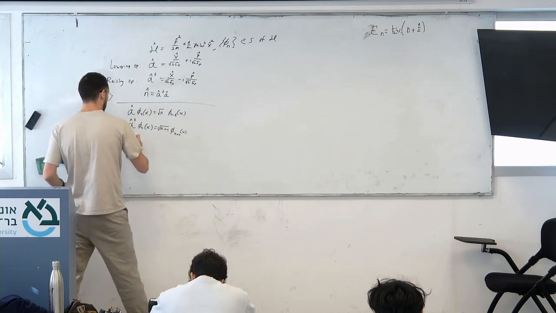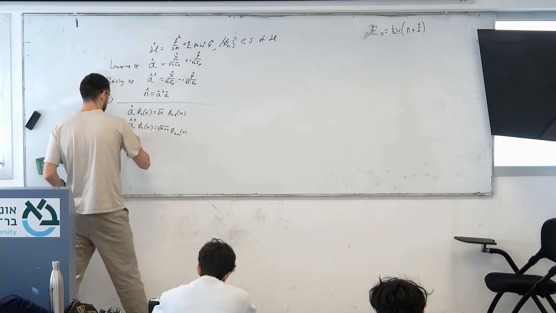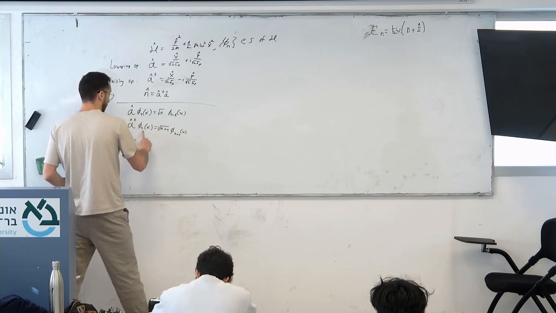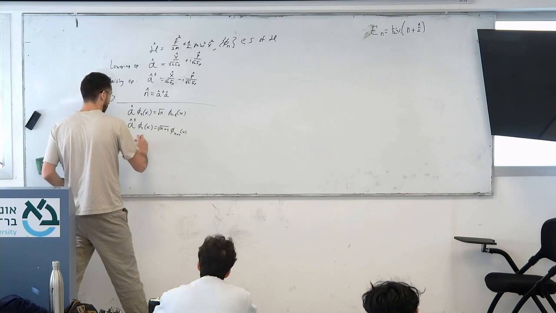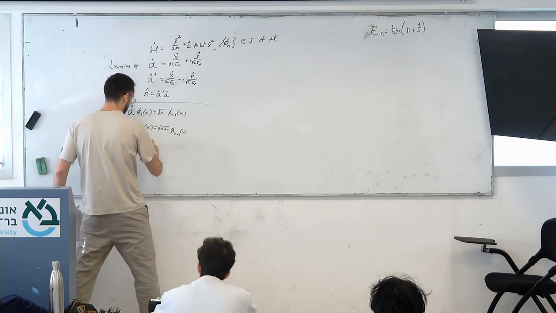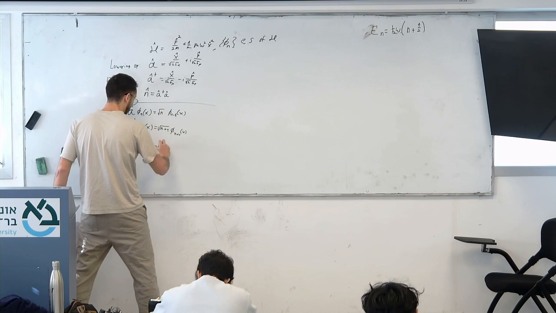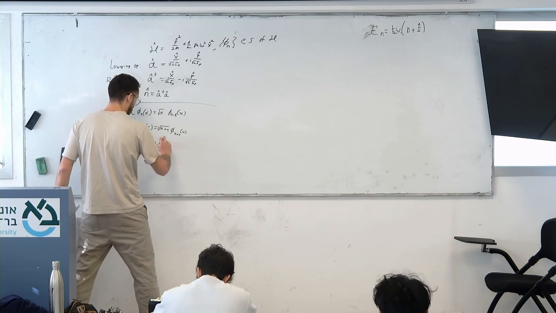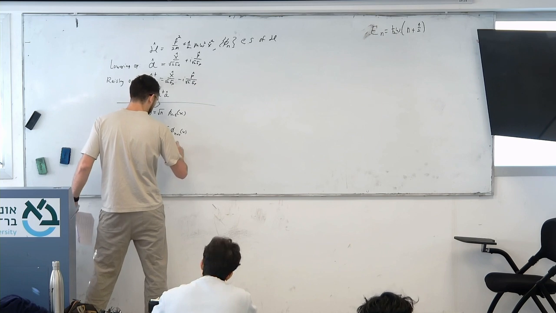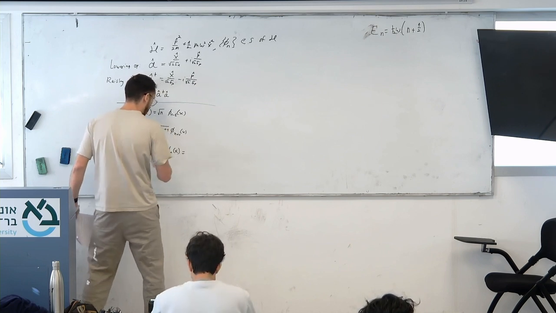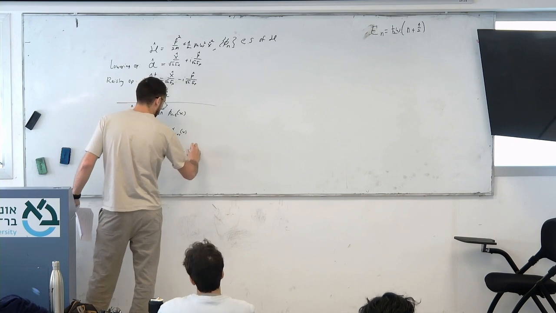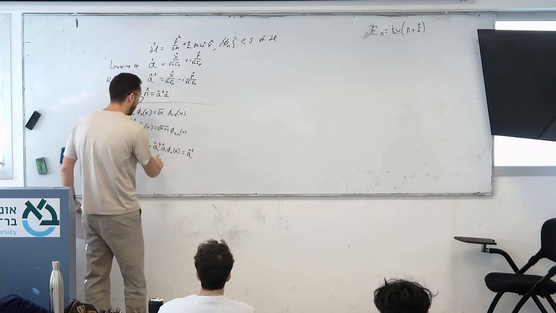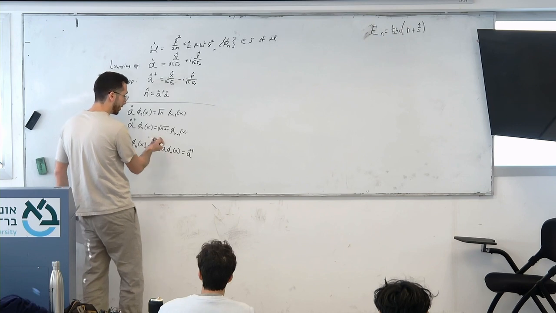Moreover, if we apply an operator to some eigenstate of the system phi n of x, we get A dagger A phi n of x, which is equal to A dagger, and which one is first?